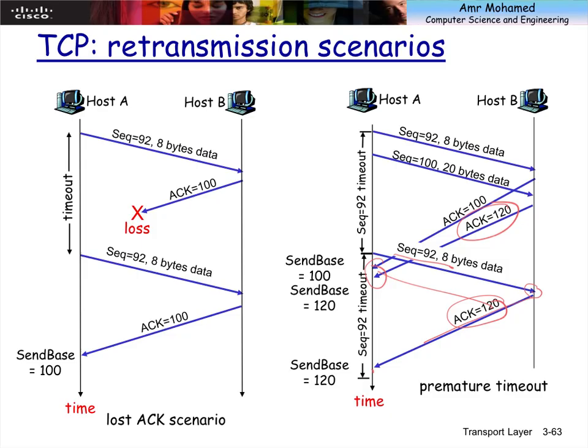If I receive this acknowledgement, again cumulative, that's fine, I will accept both, no problem. But if the acknowledgement is lost altogether, then I have to retransmit both. I have no other option.